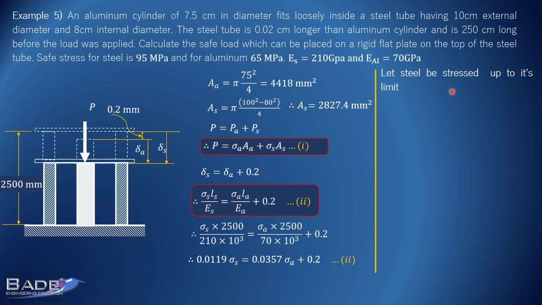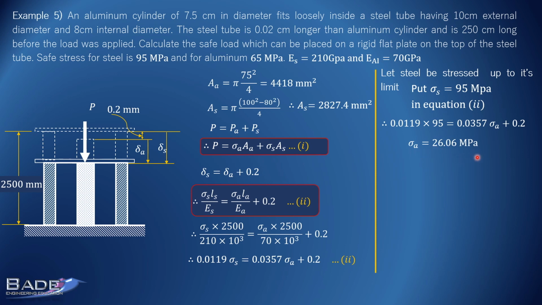Now like in the last problem, here we'll proceed. Let steel be stressed up to its limit. That is, put sigma S, stress in steel, 95 megapascal in equation 2, and you will get the corresponding aluminum stress. And the corresponding aluminum stress is 26.06 megapascal. So in this assembly, if steel is stressed up to its limit, then aluminum stress is 26.06 megapascal.